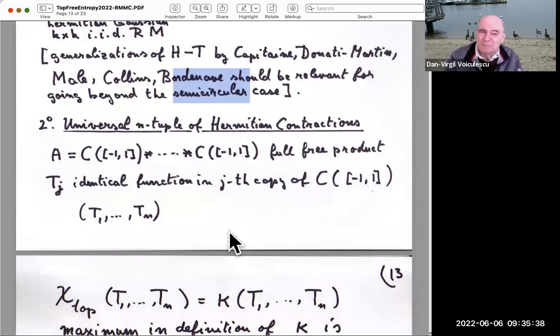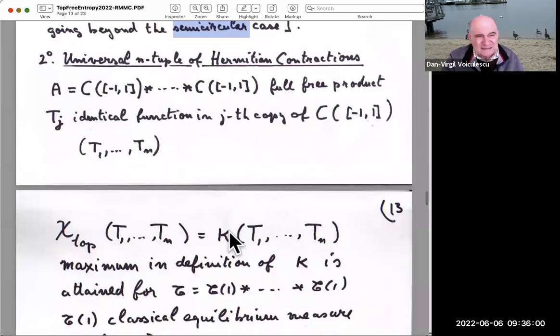The norm of a polynomial in this is the largest one can get for any choice, and every other C-star algebra generated by an n-tuple of self-adjoint operators of norm at most 1 is a quotient of this.